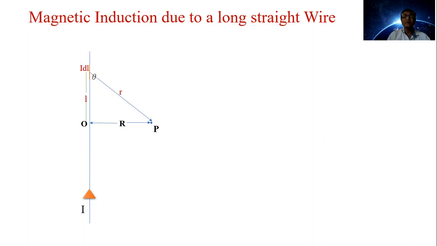Now the magnetic field at point P due to this current length element is given by dB equal to mu 0 upon 4 pi into I dl sine theta upon R square. The direction of this magnetic field is perpendicular to the plane of the figure and directed inward, that is, into the plane of the figure here.